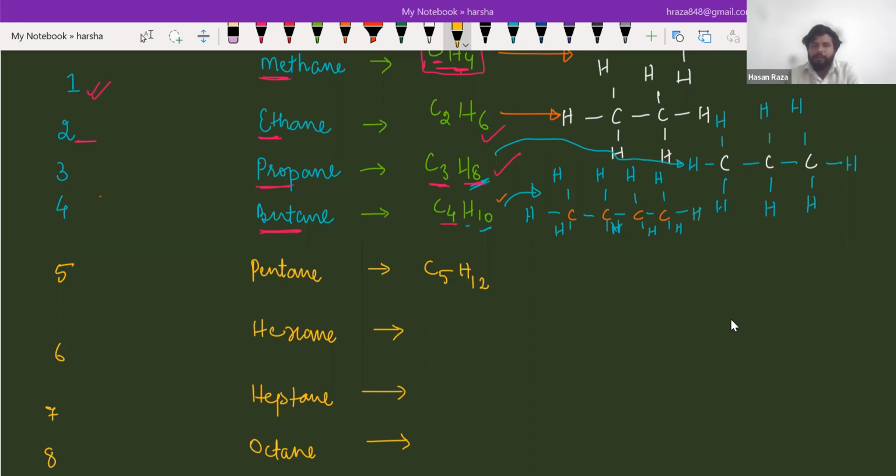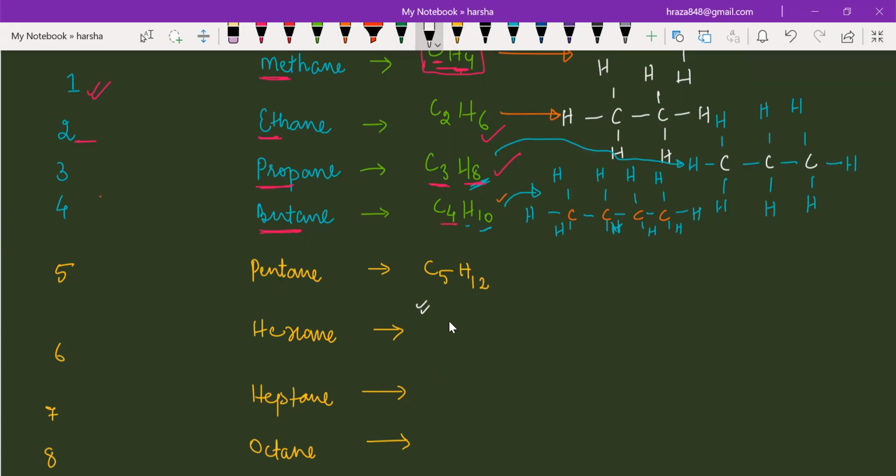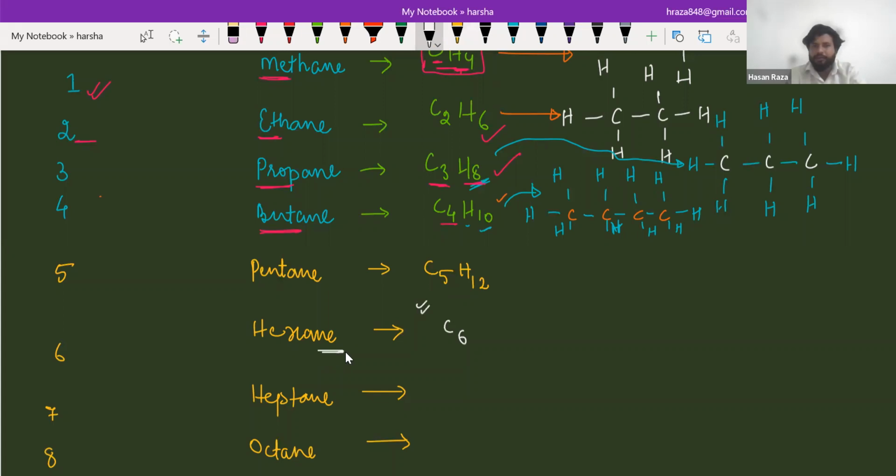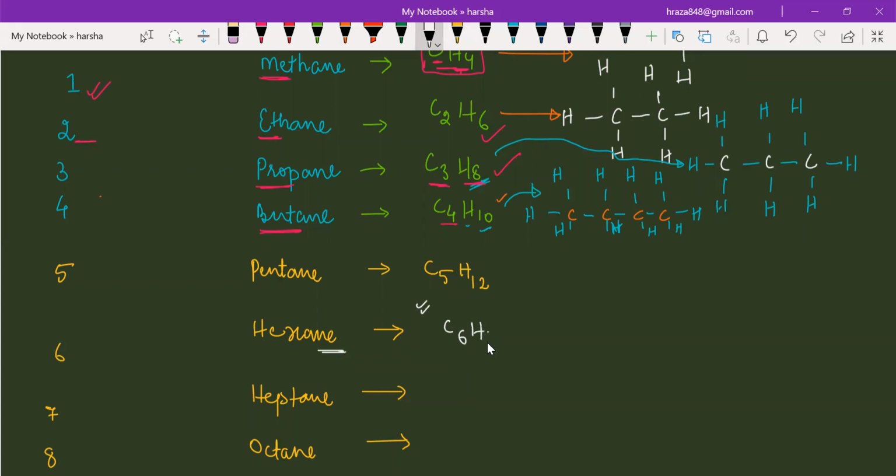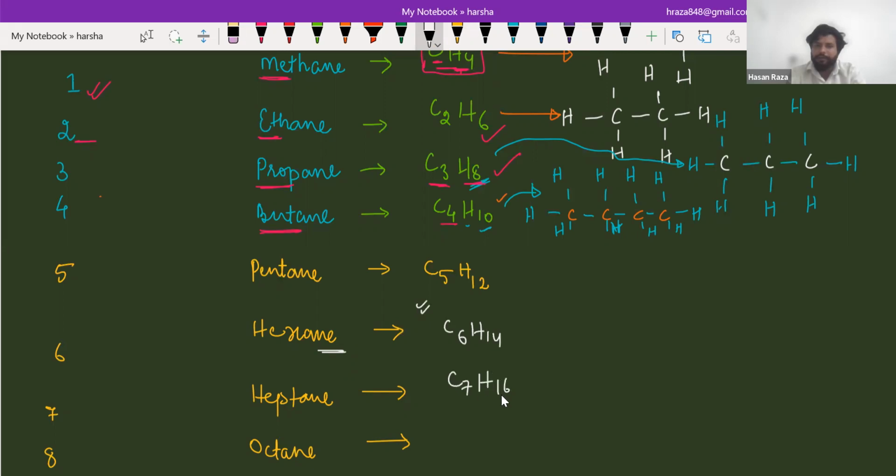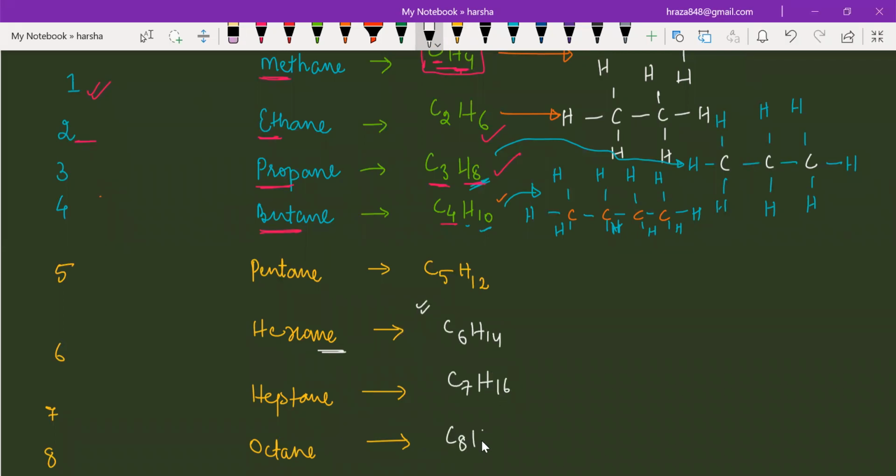Martin, are you done with this? The chemical formula of hexane. Okay, can you tell me this? C6H14. Very good. Then C7H16. Then C8H18. Very good.